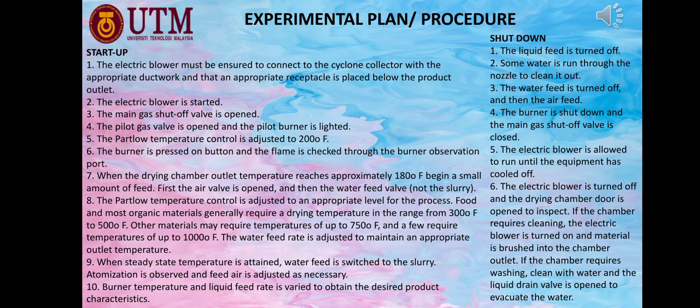And when the steady state temperature is attained, the water feed is switched to the slurry, which in this case is fresh milk. Atomization then is observed and the feed air is adjusted as required. The burner temperature and liquid feed rates are varied to achieve the desired product specifications.